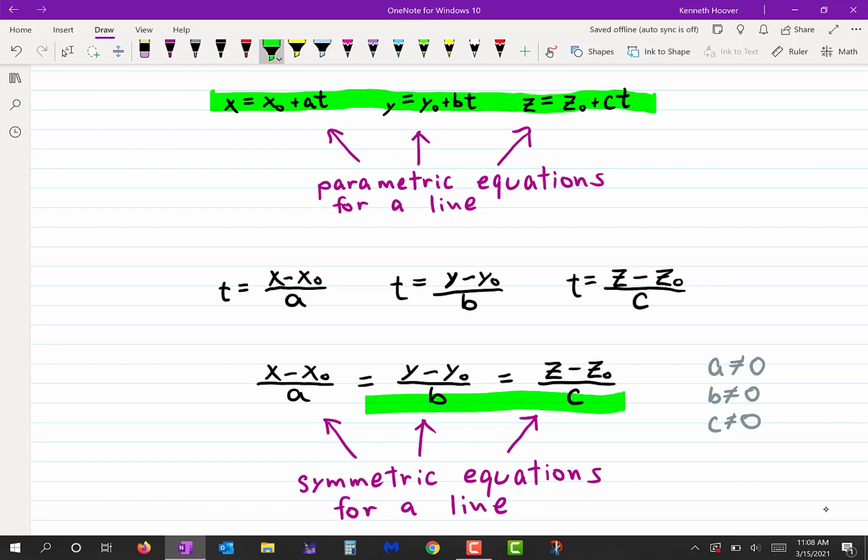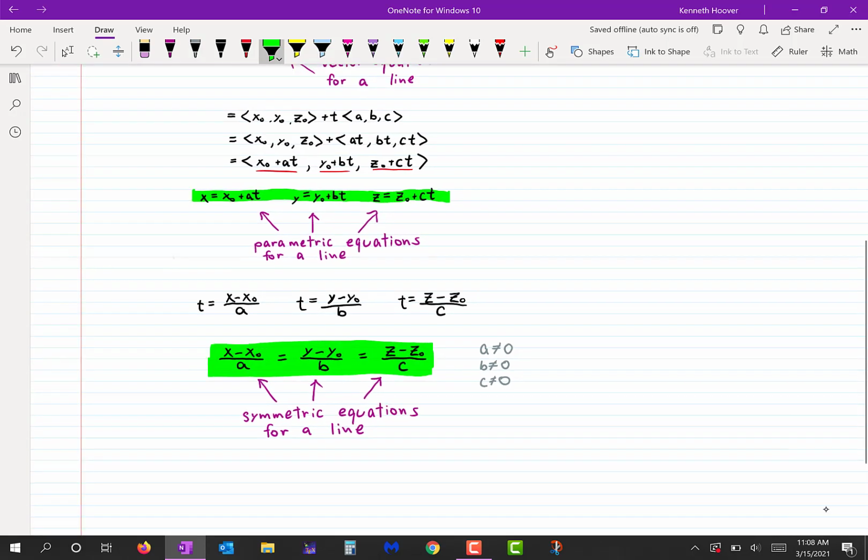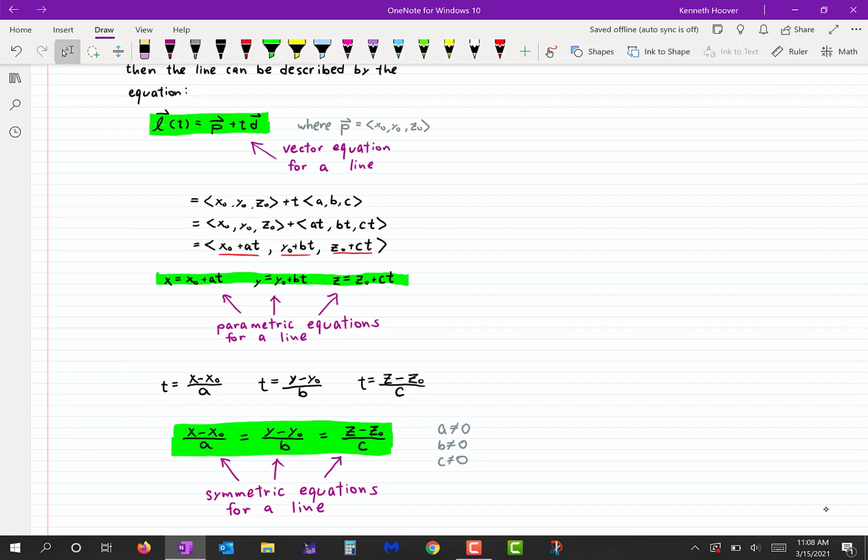So there's three different ways that we can write equations of lines. We can write the equation of a line with a single vector equation, or three parametric equations, or three symmetric equations. Okay? That's how we represent lines in 3 dimensions.